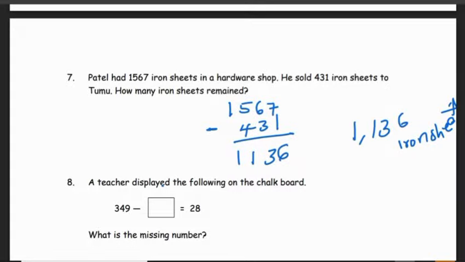Or we can ask ourselves which number, if you subtract it from 349, we are going to get 28. So to get that answer, you just need to take 349 and then you subtract 28. And you're going to get your answer as 321. And that's our answer.